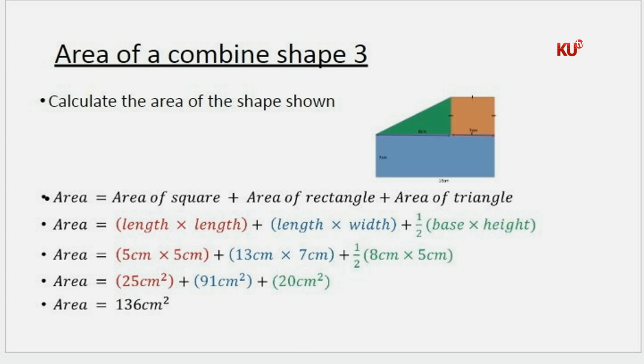I can see a square, and I can as well see the rectangle. Now, to find the area of that shape, we need to get the area of the square plus the area of the rectangle plus the area of the triangle.